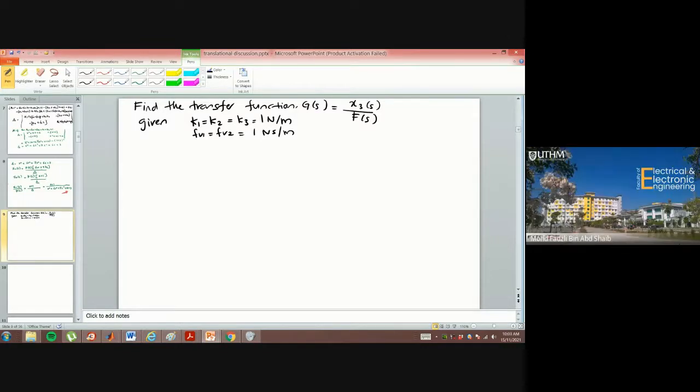Okay, find the transfer function S3S over Fs given K1 equal K2 equal K3 equal 1 and Fv1 equal Fv2 equal 1. Yeah?